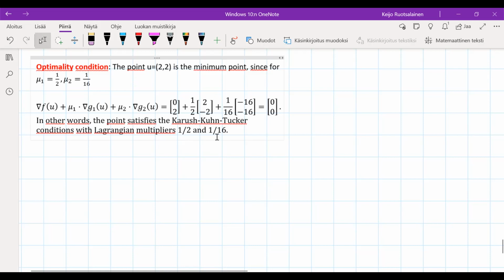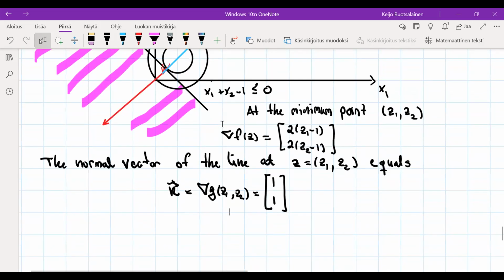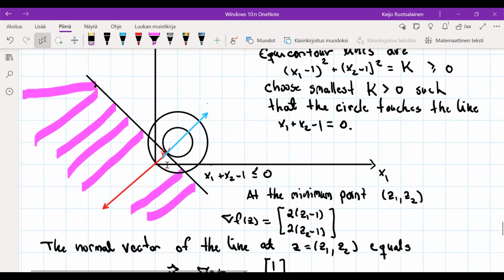So exactly the same way as in our simple example here, if I take the point Z1 and Z2, they are both negative.